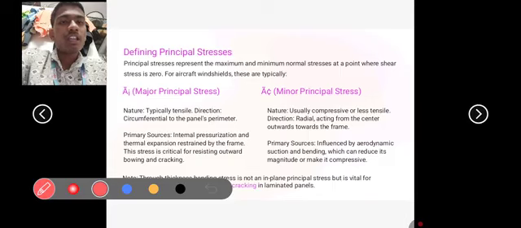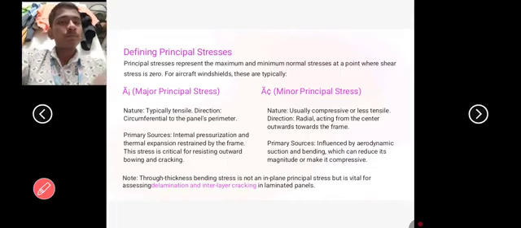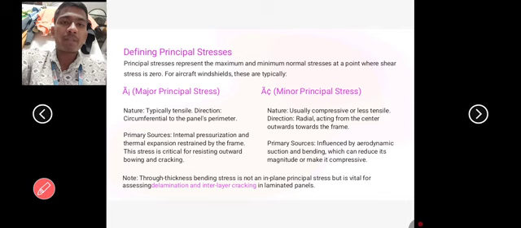Direction: circumferential to the panel's perimeter. Primary source: internal pressurization and thermal expansion, resisted by the frame. These stresses are critical for resisting outward bowing and cracking.